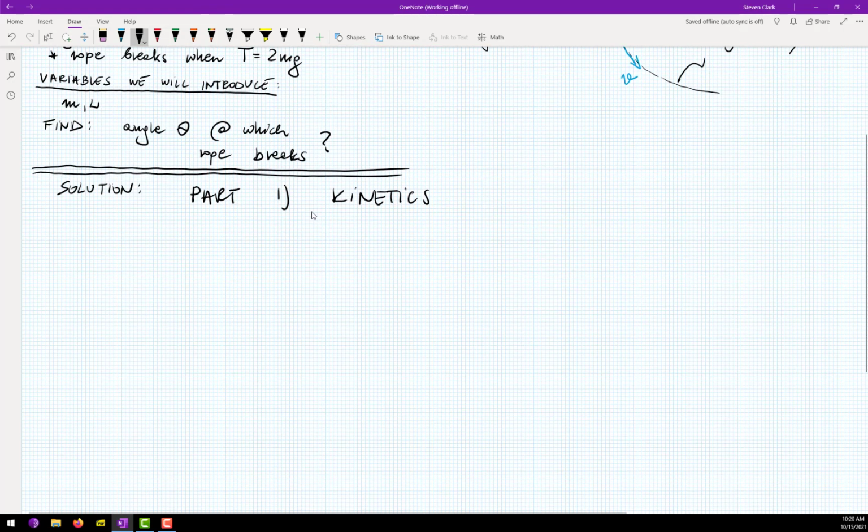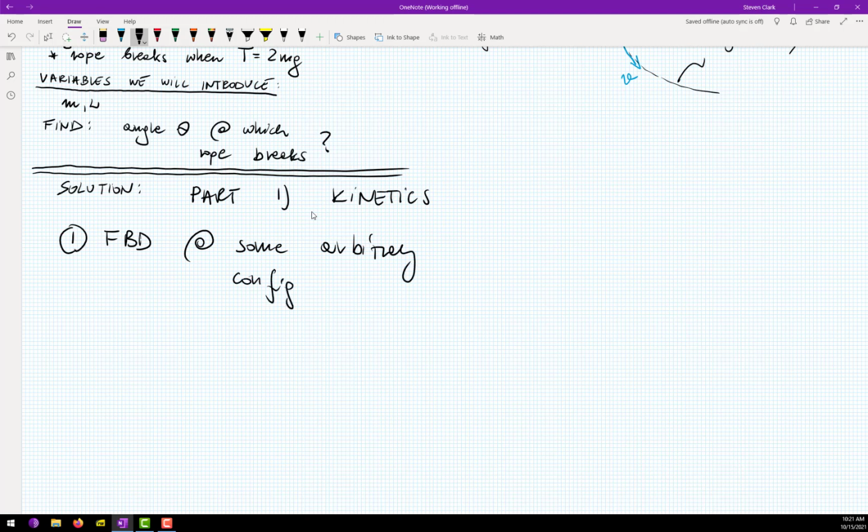So what is the recipe for kinetics? First one is FBD, at some arbitrary configuration. And of course, KD as well.